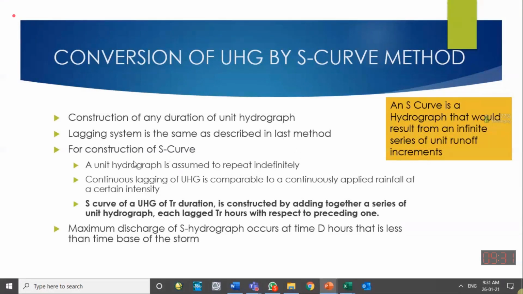Or in another way, the S curve of a unit hydrograph of TR duration is constructed by adding together a series of these unit hydrographs, each lagged by this TR duration with respect to the preceding one. How do we construct the S curve? We add together a series of unit hydrographs. What does it mean?